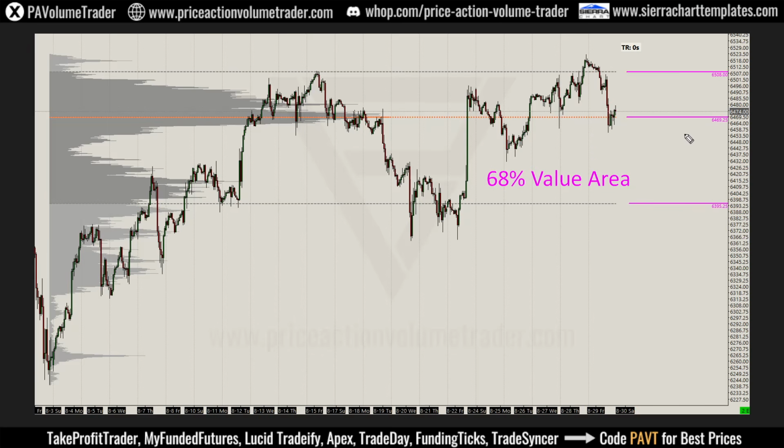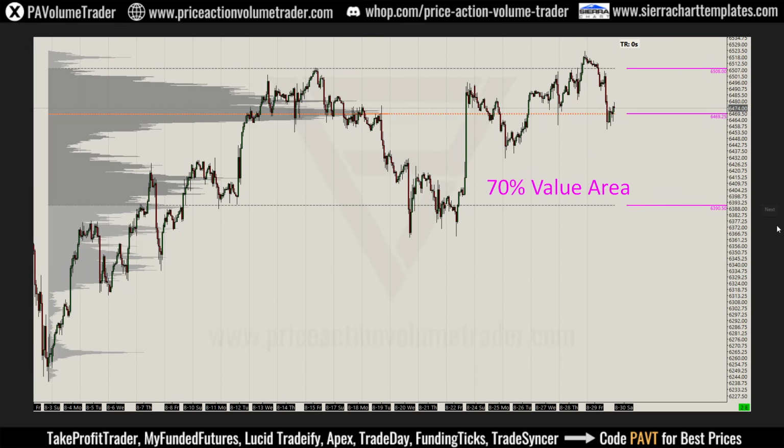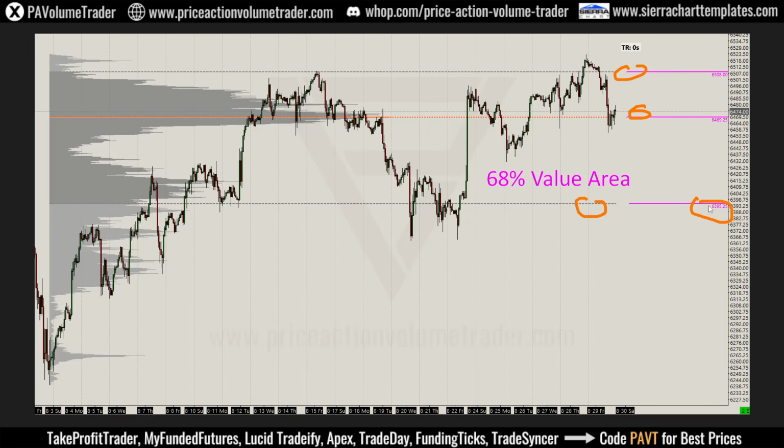So TradingView does have very accurate volume profiles. And if I move into the 70, you can see the same thing on Sierra Chart. I switched this to 70% value area. High and point of control stayed exactly the same, and value area low just shifted down from 95.25.